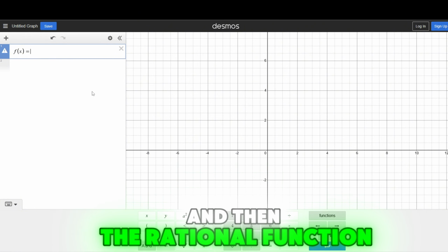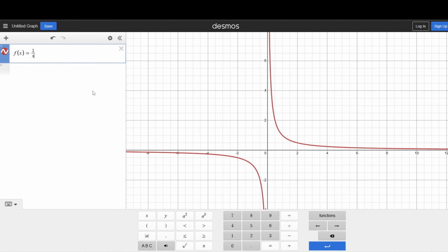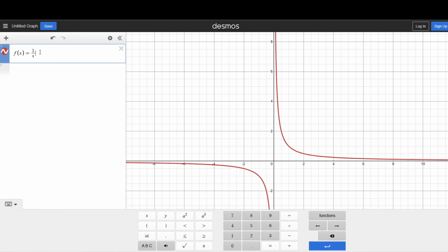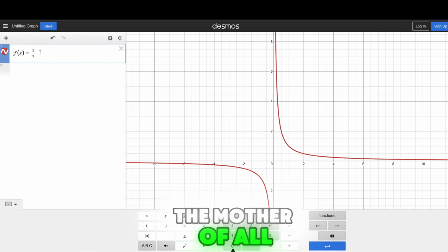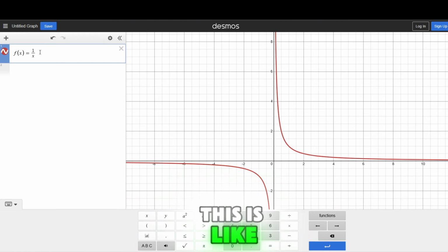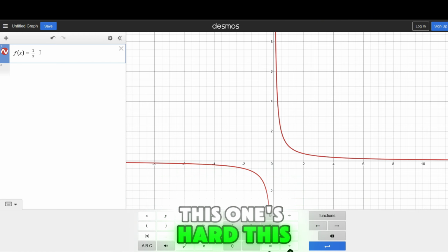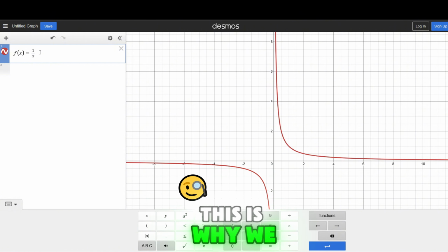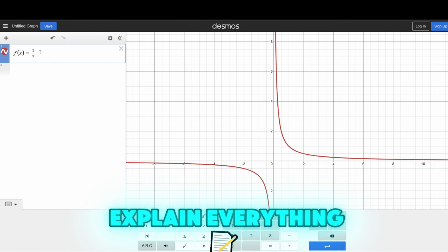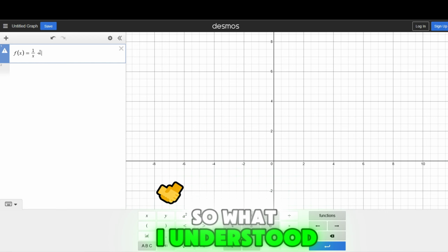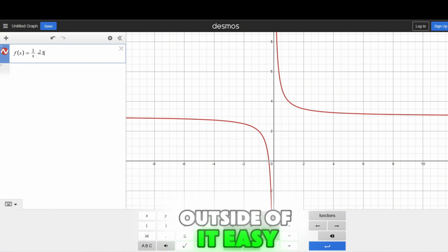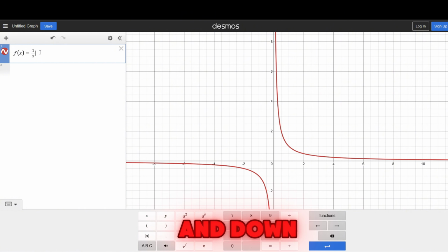And then the rational function. Here we have the big kahuna. The mother of all things, man. This one's hard. But, nevertheless, this is why we have Mr. Meneses to explain everything. So, what I understood from the class is, +3 outside of it, easy. That means it goes up and down.